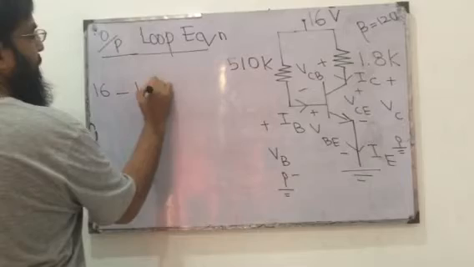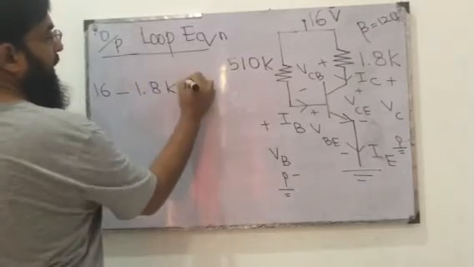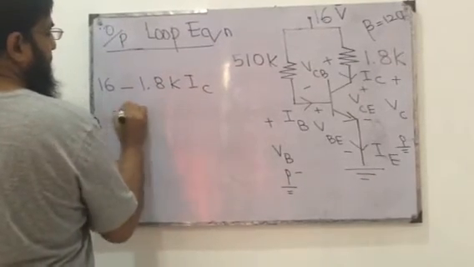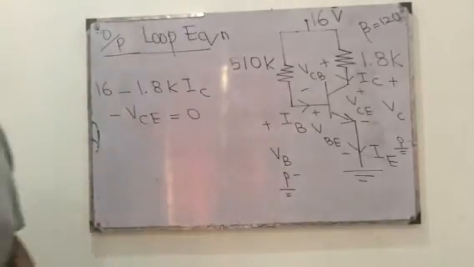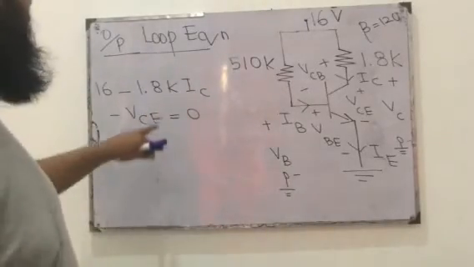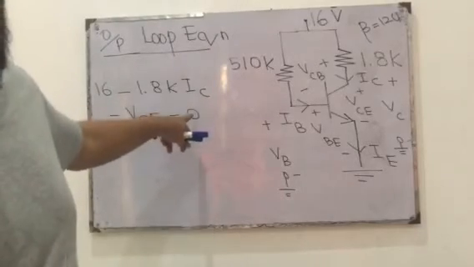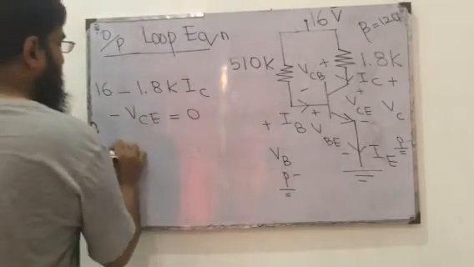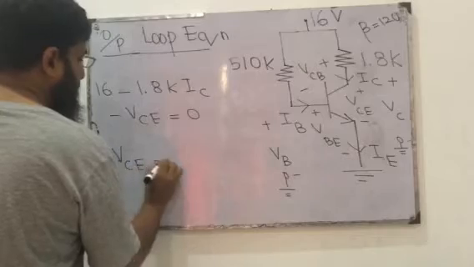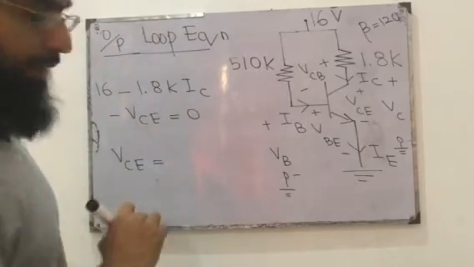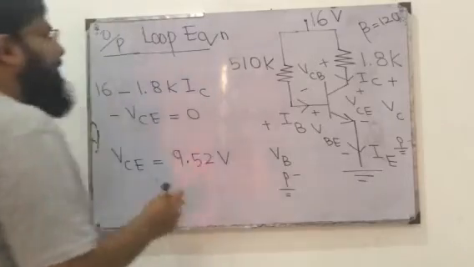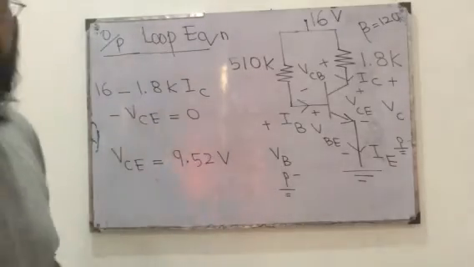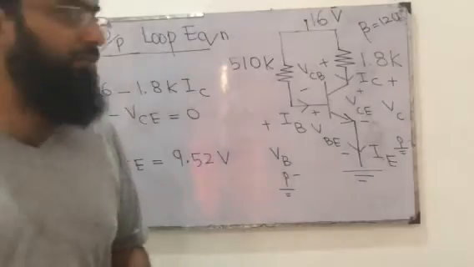So 16 minus 1.8K times IC minus VCE is equal to 0. Putting in the value of IC we have just calculated, this yields VCE equal to 9.52 volts.